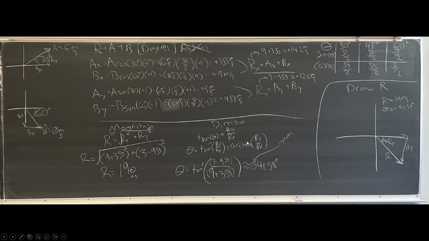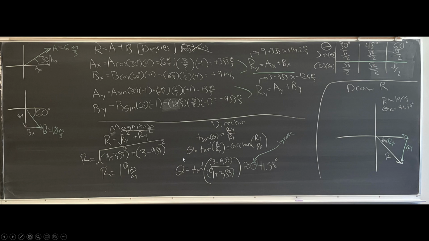Whichever way your calculator has it, click that button, write ry divided by rx, its values. In this case, I'm using the whole value for ry and rx, so theta equals arctangent, big parentheses, numerator, small parentheses, 3 minus 9 square root of 3, and then in the denominator, small parentheses, 9 plus 3 square root of 3. And that gives the whole as accurate as possible of a value, negative 41.58 degrees.